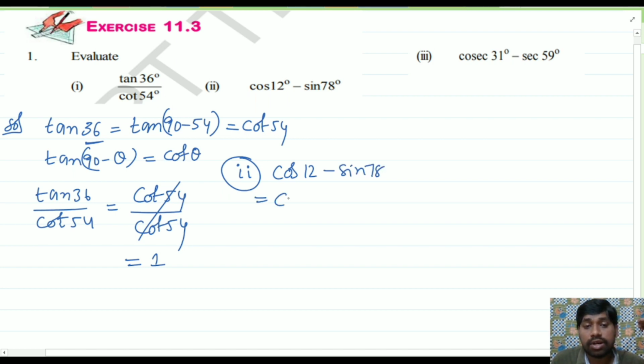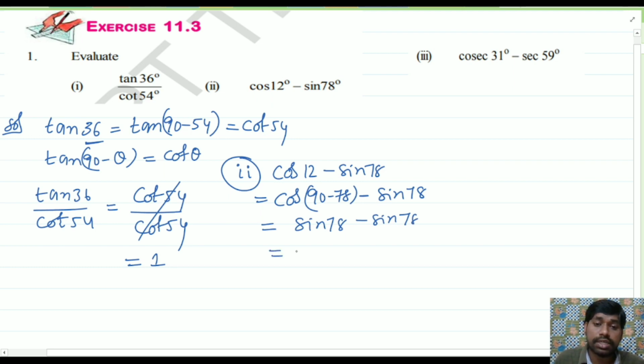Cos 12 can be written as cos 90 minus 78, because 12 and 78 are complementary. Sin stays as it is; only one trigonometric ratio you have to change. So cos 90 minus theta is sin 78, minus sin 78. The difference of similar numbers becomes 0. So the answer for this question is 0, and the answer for the previous one is 1.